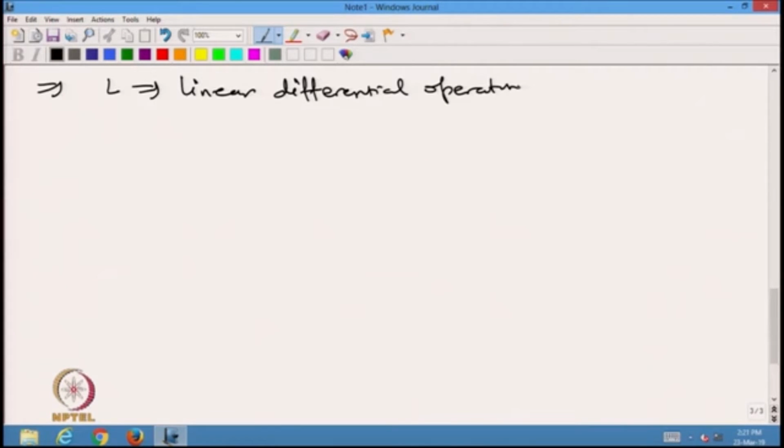So, what do you mean by the linear differential operator? A linear differential operator is so called if it satisfies the following properties.